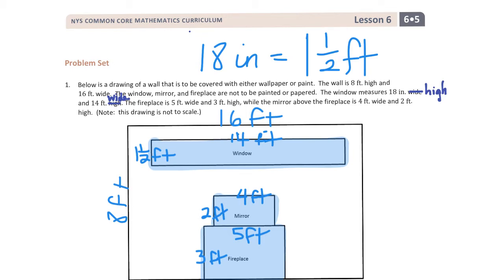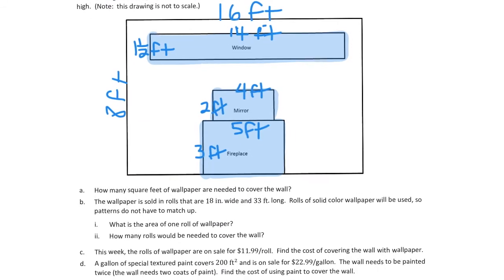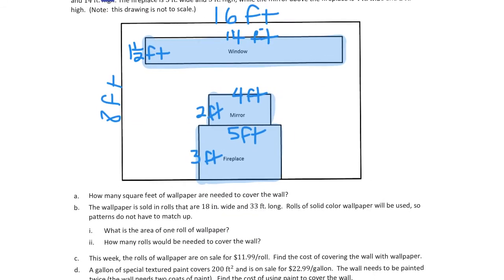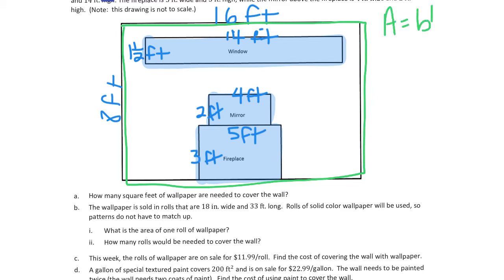Okay. So now that we have everything labeled that they give me, I go to the first question underneath. And it says, how many square feet of wallpaper are needed to cover the wall? So the first thing I think to myself, if I was doing the entire wall, that's a rectangle, which is a parallelogram. So its area is base times height.